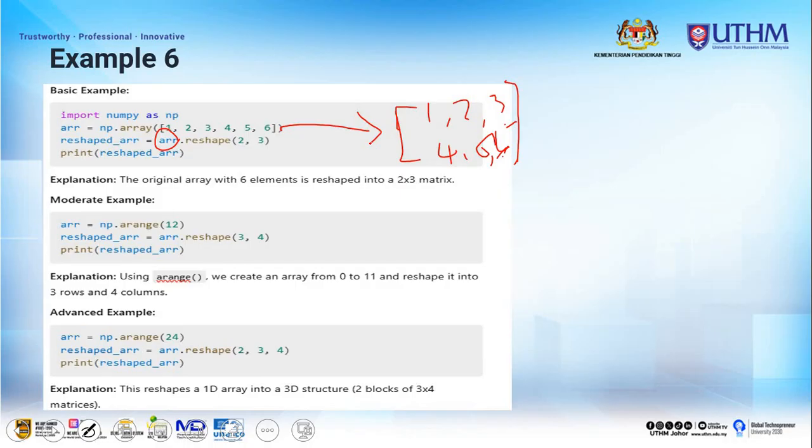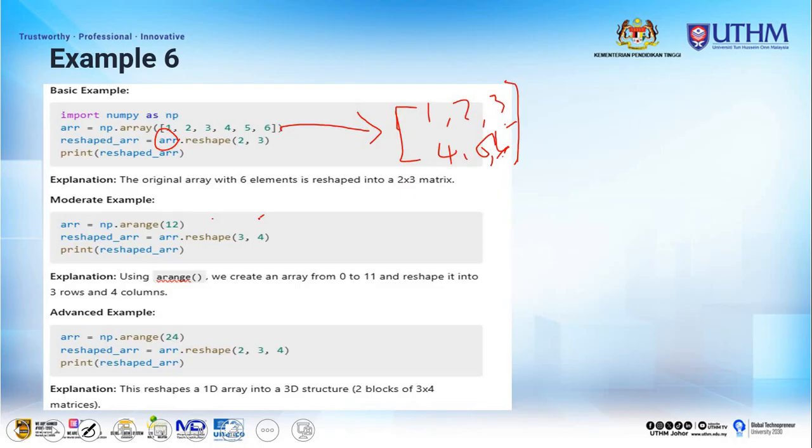Next, this example: array equal to np.arange(12), reshaped equal to array.reshape(3, 4), and print the reshaped array.